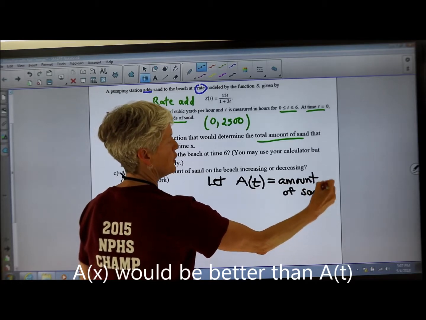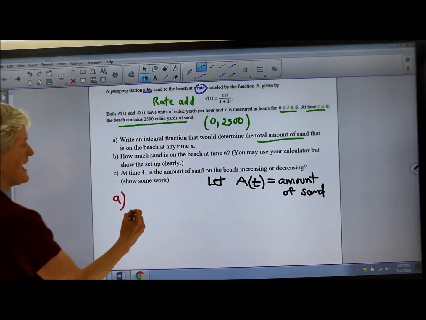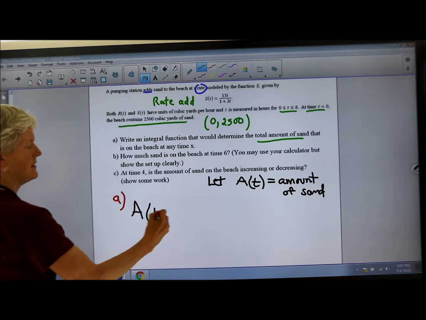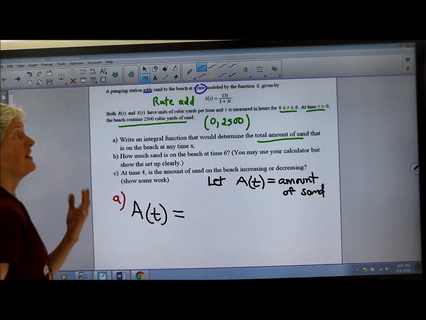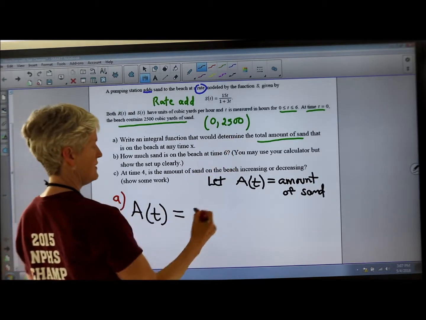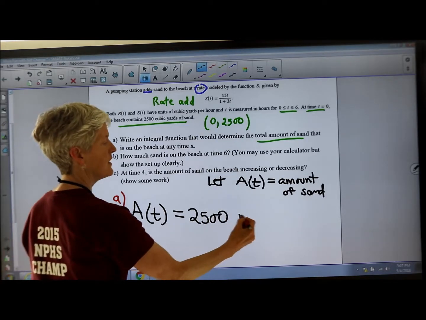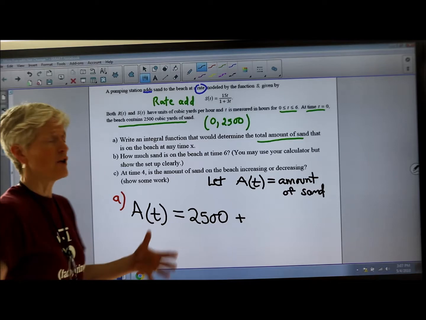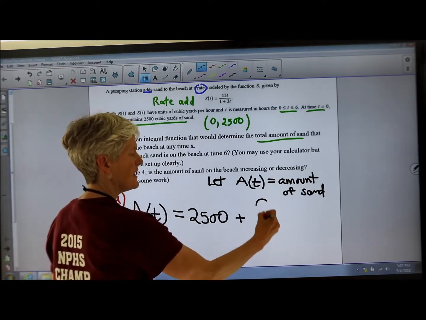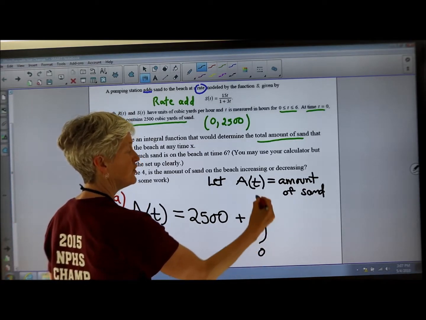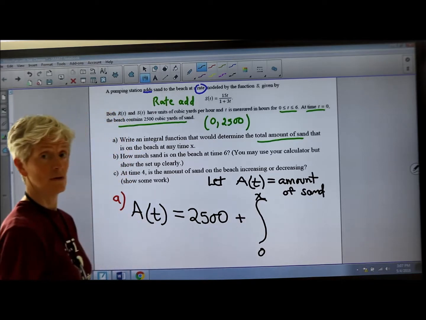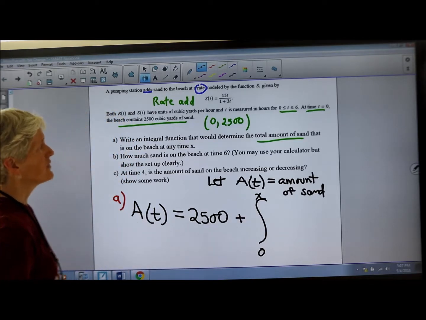So if we have that all set, A of t is going to equal the amount of sand I start with, 2,500 cubic yards, plus the amount of sand I've accumulated. That's going to be the integral from 0 to x hours of the amount of sand I've accumulated.